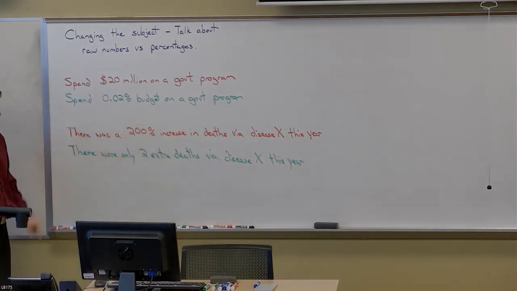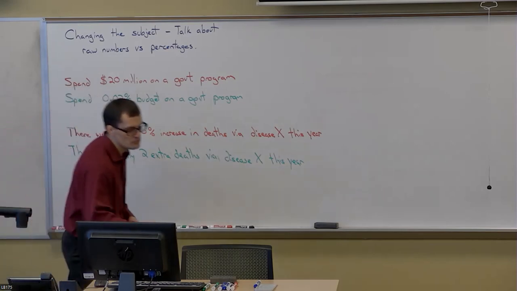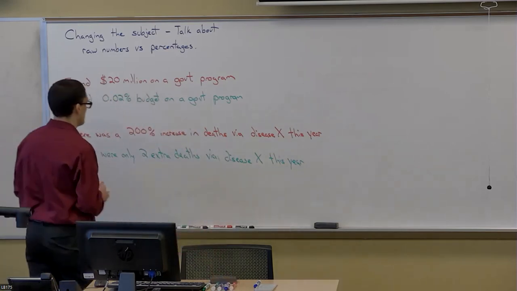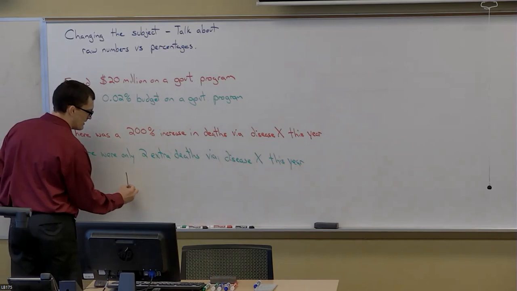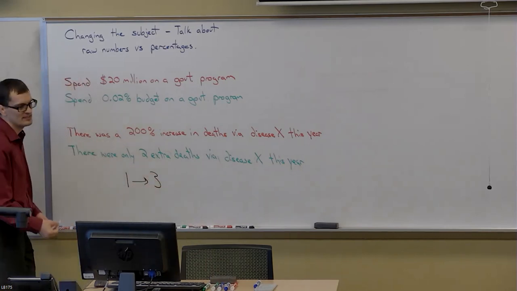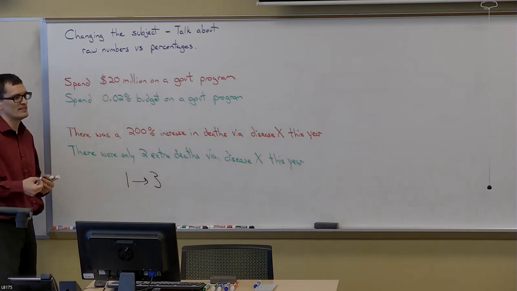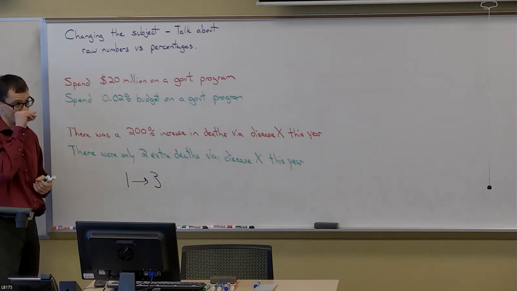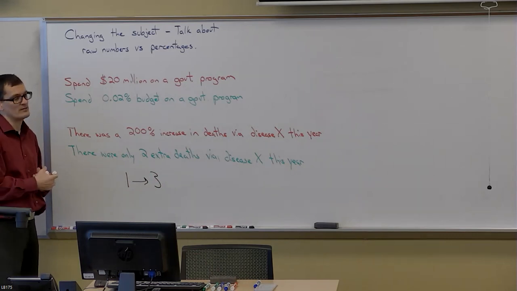A 200% increase sounds scary, right? That's a gigantic increase. But if that 200% increase means you just went from 1 death last year to 3 deaths this year, probably not that big of a deal. Not something to lose sleep over. In a country like the US, we have over 300 million people.